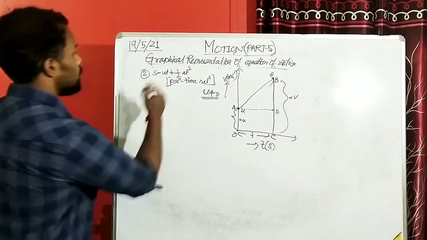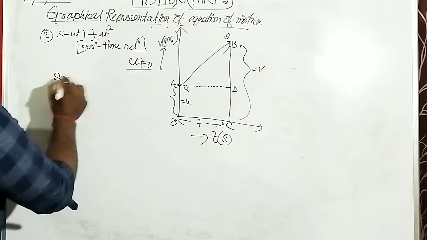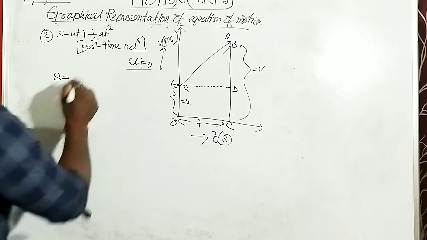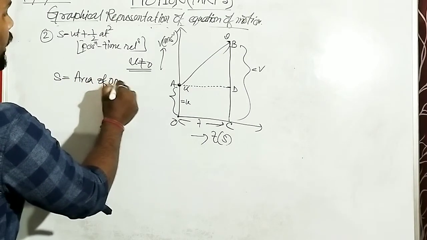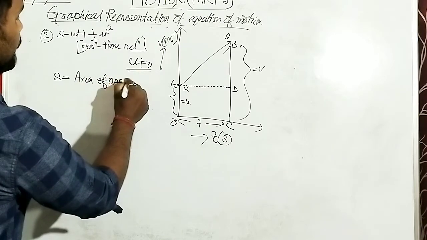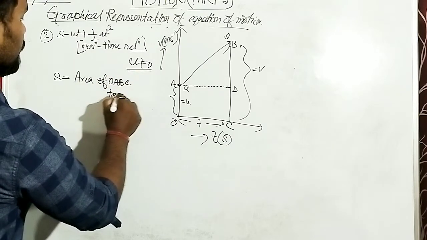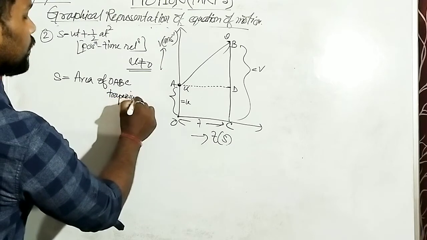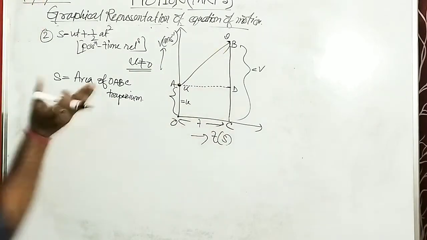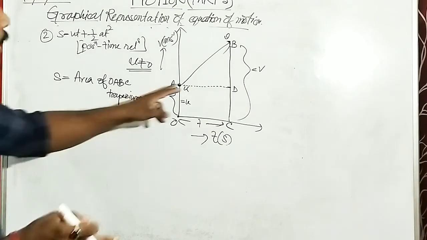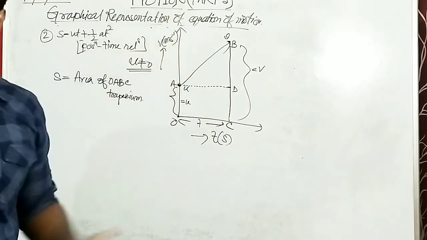So what you can write from this graph is that S, the distance or displacement, is the area of trapezium OABC. Simply, the area under this trapezium will be the distance that is covered when it moves from A to B. Simple.